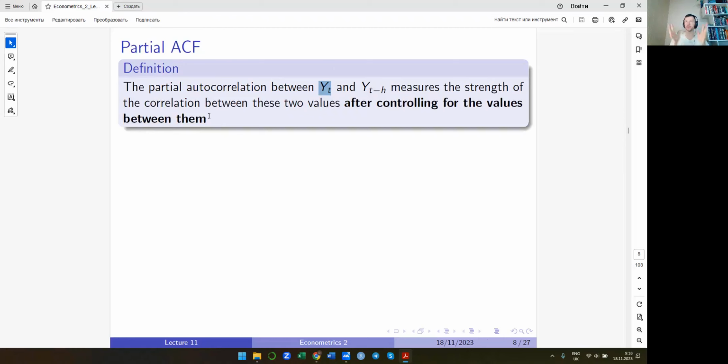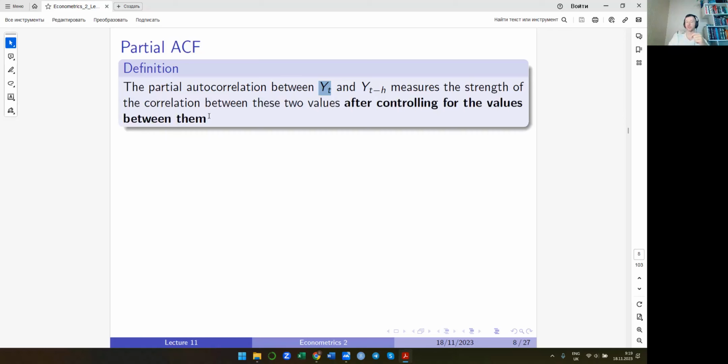But there are two channels of this influence. One is the indirect influence, so yt minus h influences yt through all this chain of influences. And another way is through direct influence. So yt minus h can directly influence yt. Now we are looking for this direct part of the influence on yt.